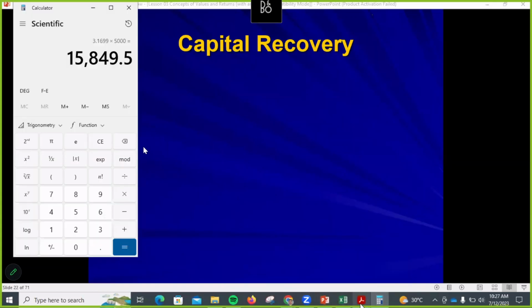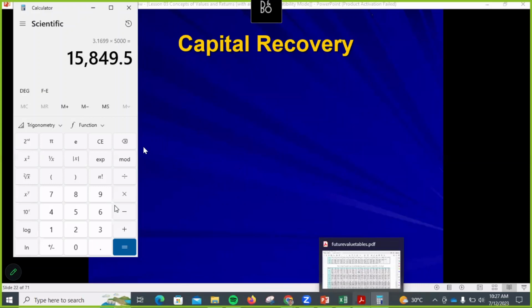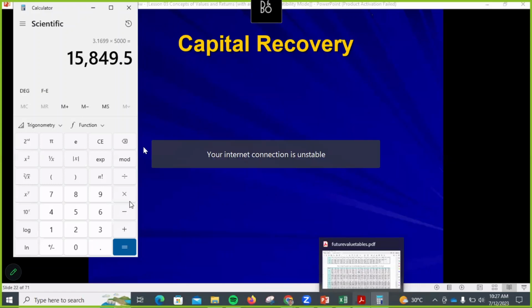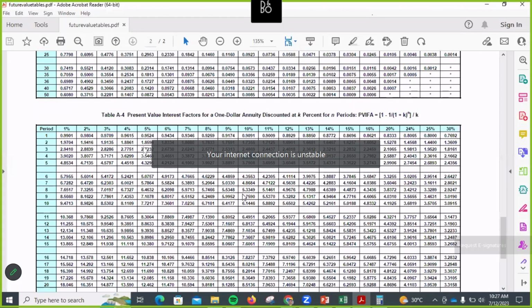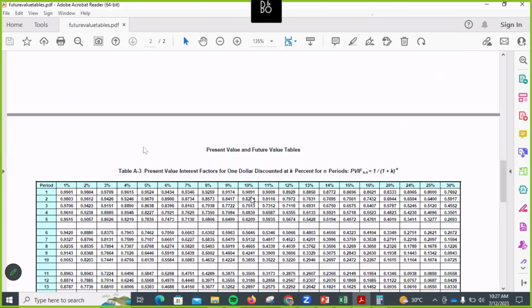You take table A3 where you can find these factors. The 10%.